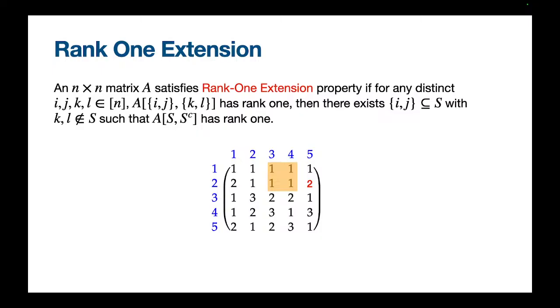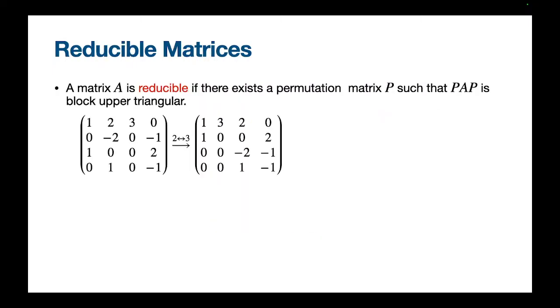Now I will talk about the first step of our algorithm, that is reducing black-box PMAP to the special case of PMAP which has this rank 1 extension property. For that, first we do some pre-processing, in which we first convert the input matrix to an irreducible matrix, and for that I will define what irreducible matrices are.